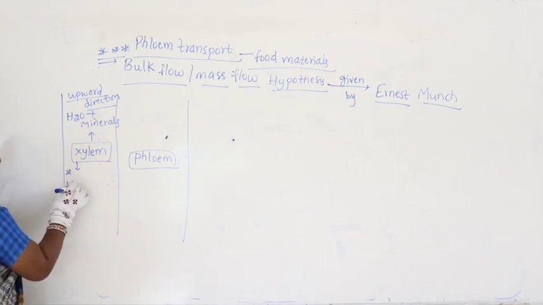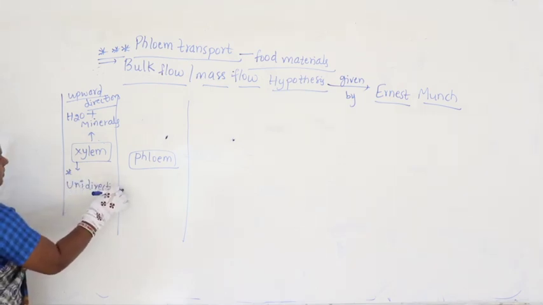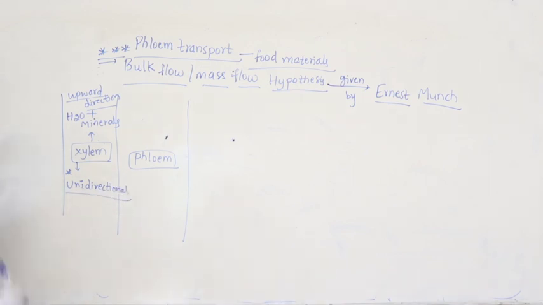About xylem, you all know it very well, it is unidirectional. It goes from root to shoot, to the tip of the leaf, to all the parts of the plant.